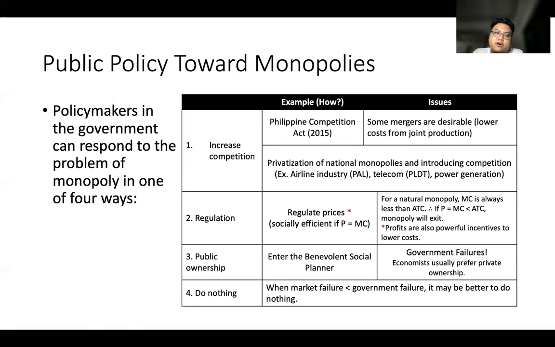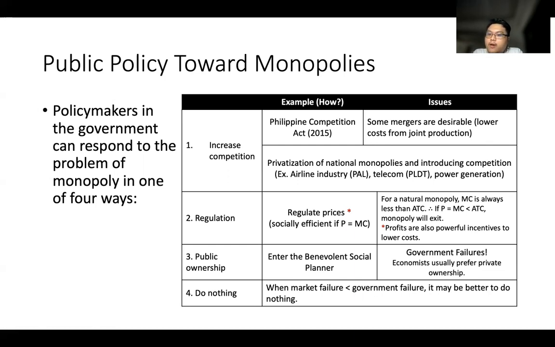So here are examples of policies that respond to monopoly situations. Number one, increased competition. Of course, we already have the Philippine Competition Act, which establishes the Philippine Competition Commission, and they're the ones who assess whether the market is already concentrated with only a few sellers, or not.